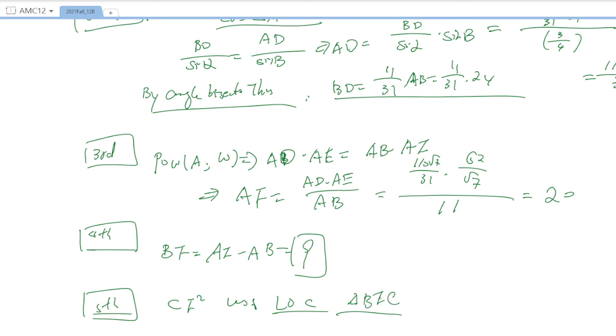So CF square is equal to BF square plus BC square plus 2 BF times BC cosine B. It will be 900. Then CF is 30.